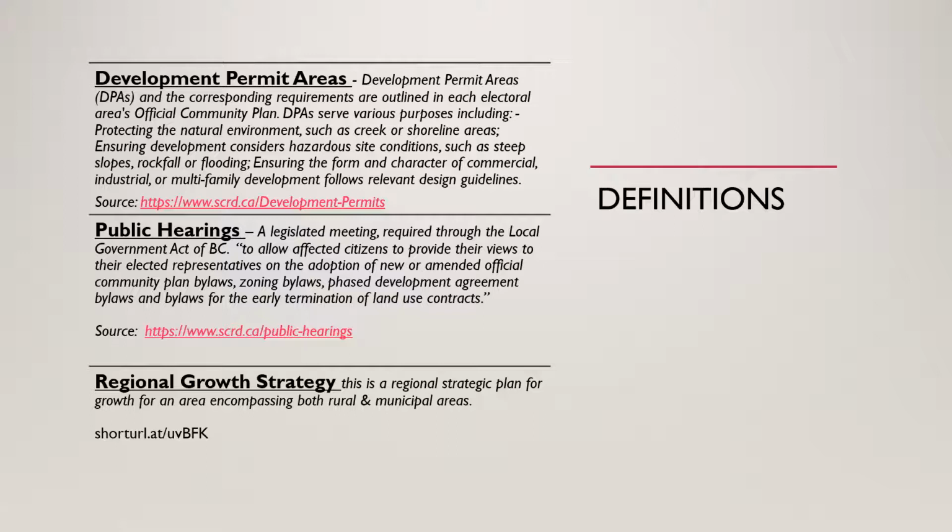It's an opportunity for the public and affected citizens to provide their views to the elected officials on the adoption of a new or amended official community plan bylaw, zoning bylaws, any agreement bylaws, or also bylaws for early termination of land use contracts.